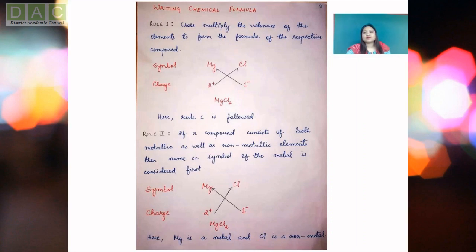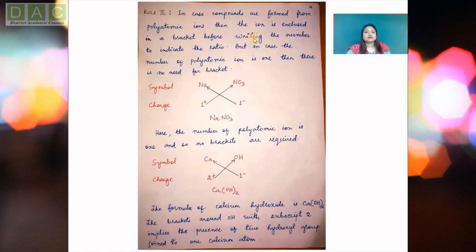Another example we can give is sodium nitrate, which we have given in rule 3. What happens in rule 3? If the compounds are formed from polyatomic ions, then the ion is enclosed in a bracket before writing the number to indicate the ratio.